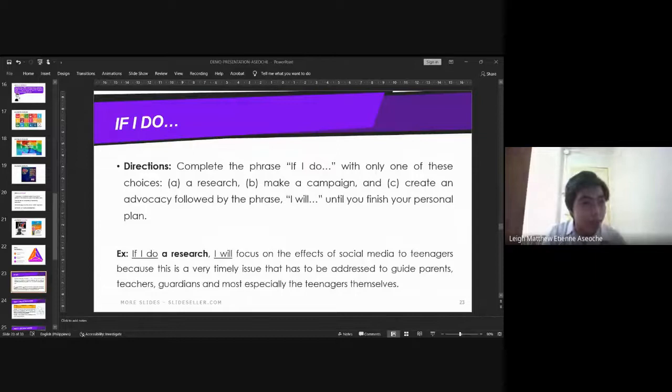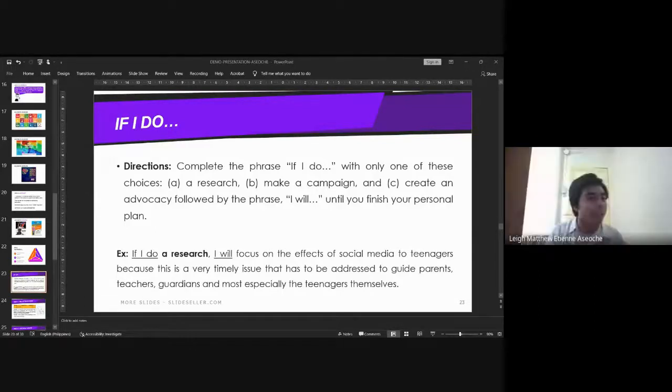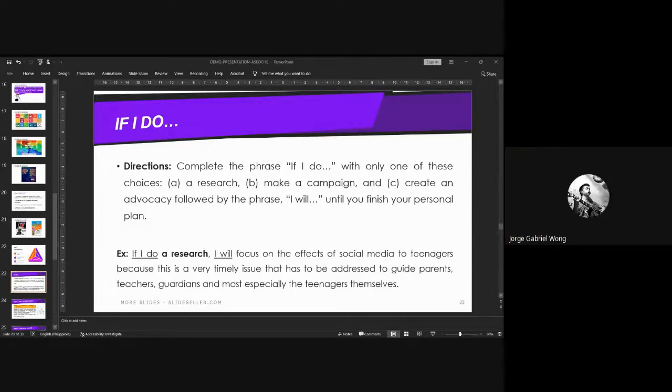And what about Mr. Wong, George Wong? Were you able to create, Mr. Wong? Yes, yes, sir. Okay. If I do an advocacy, I will focus on the way of effective learning online because many students are struggling with studying online because of the current situation that we face.